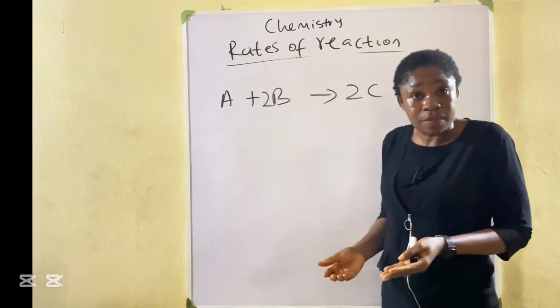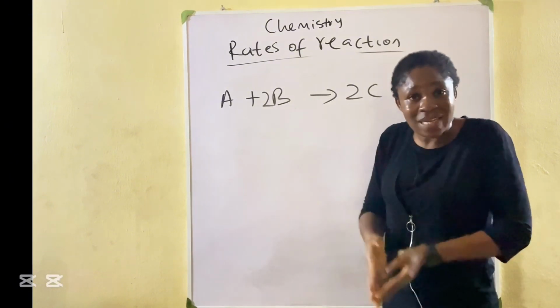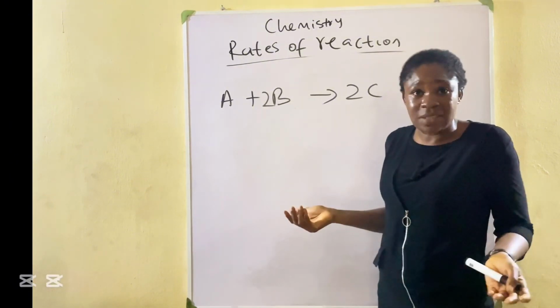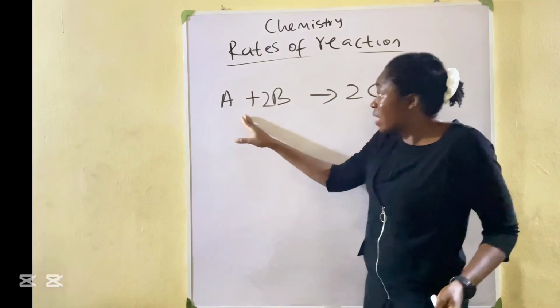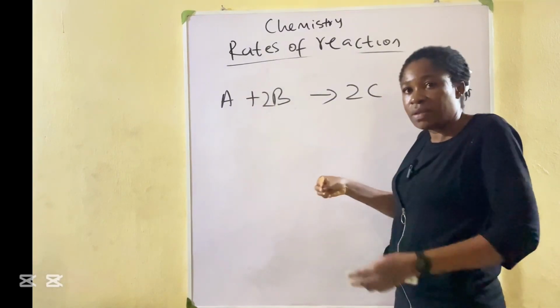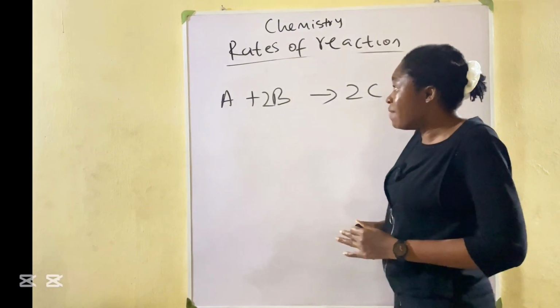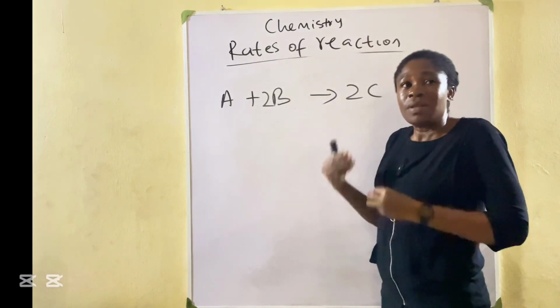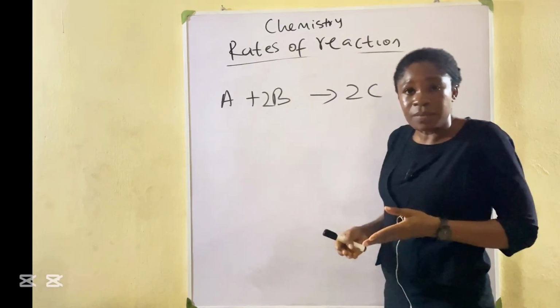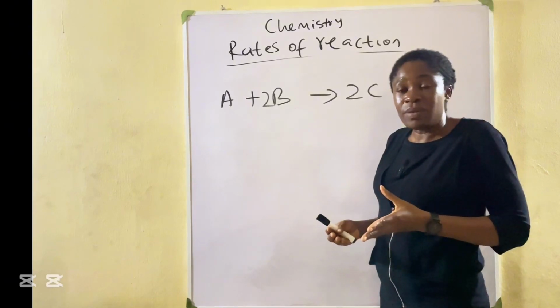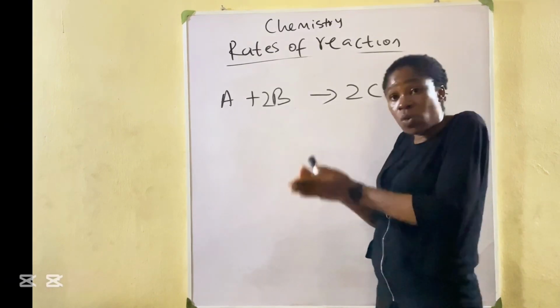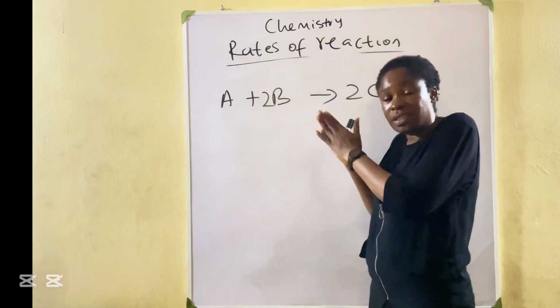You are seeing zinc chloride and gas coming out, hydrogen gas. So reactants disappear and products appear. Remember, in every reaction, the beginning is very, very fast, then it becomes slower, and at the end it ceases.